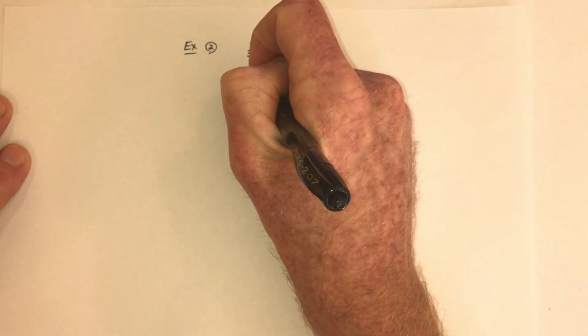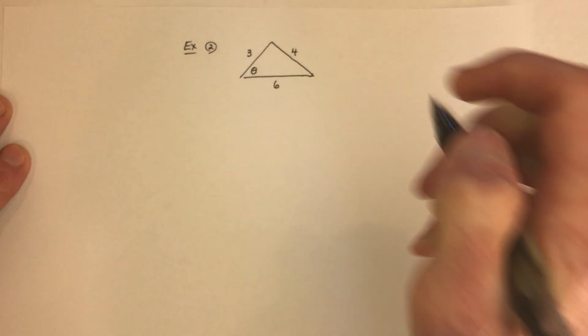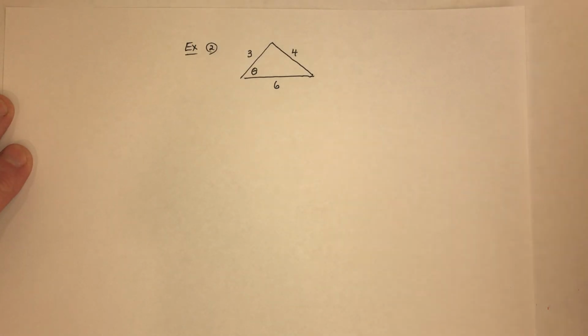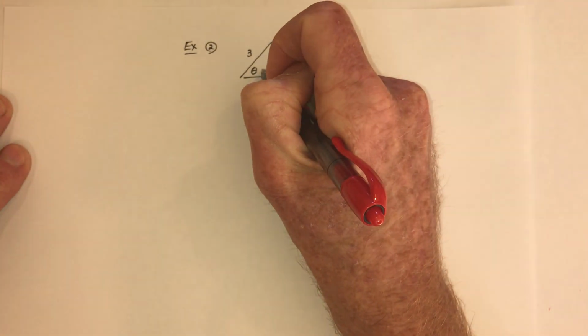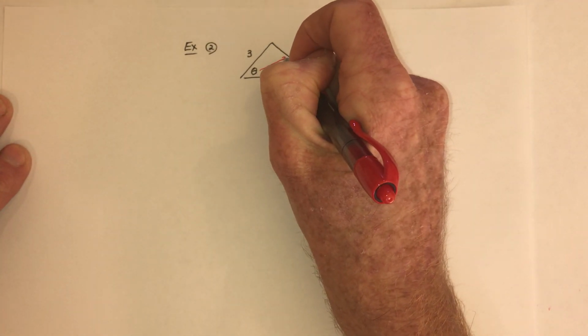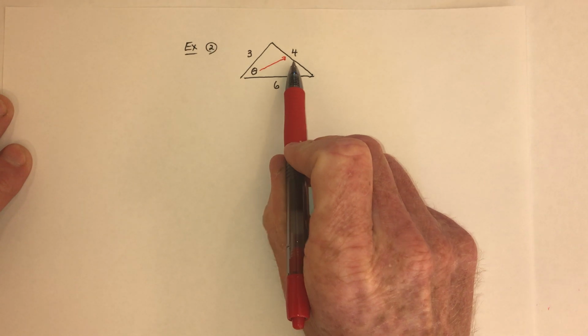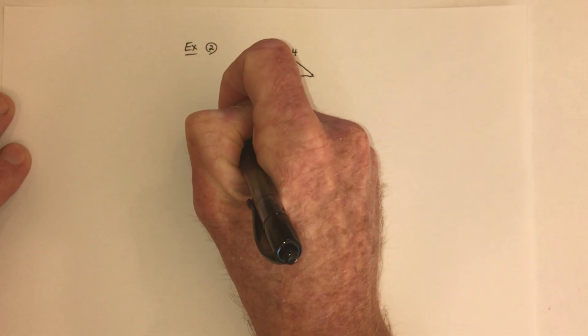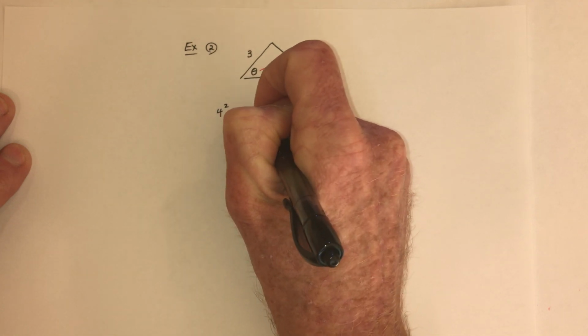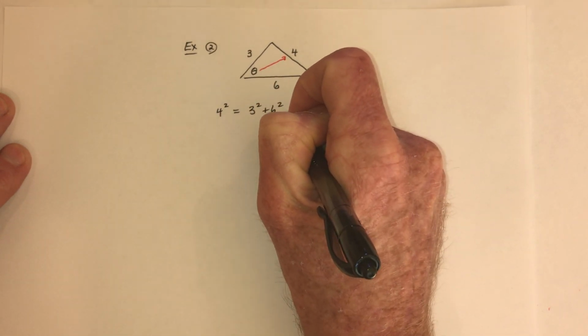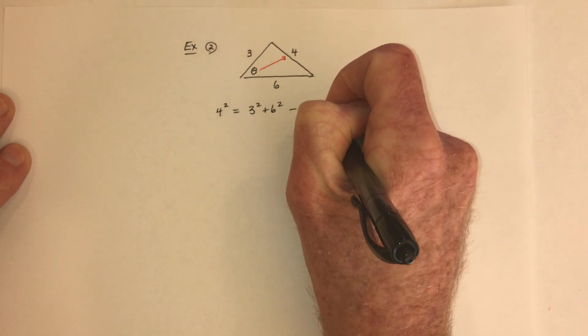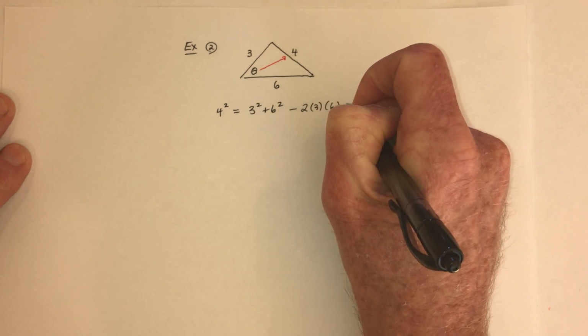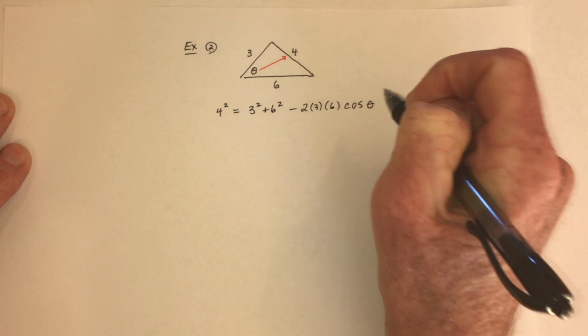So then how much is this angle right here? I'll call it theta. So again, you go across from that angle, and the formula needs to start with the 4. So 4 squared equals 3 squared plus 6 squared minus 2 times the 3 times the 6, and then cosine of the angle.